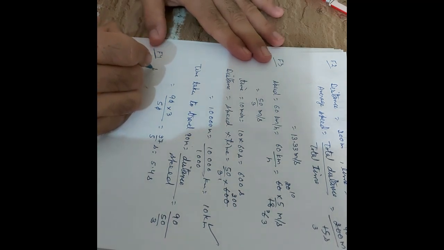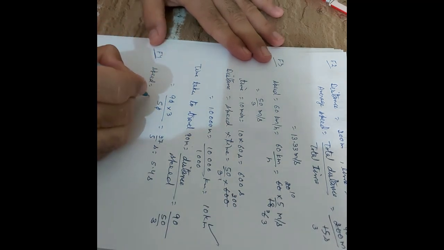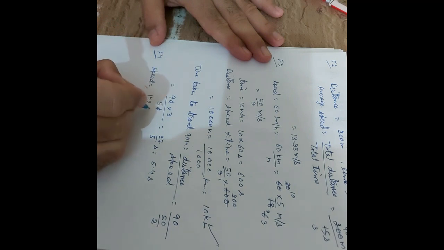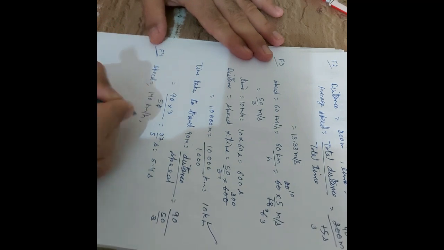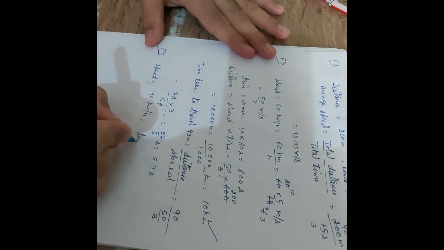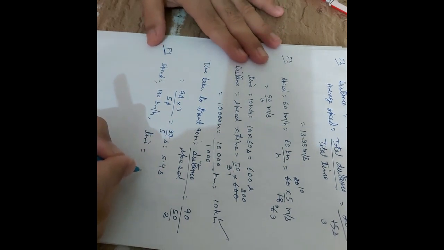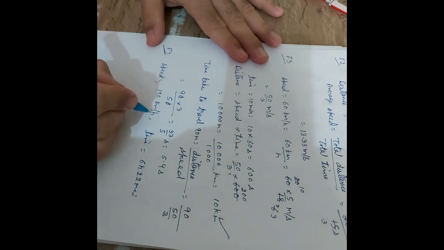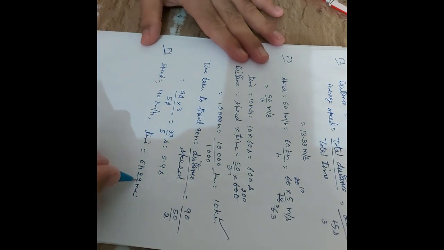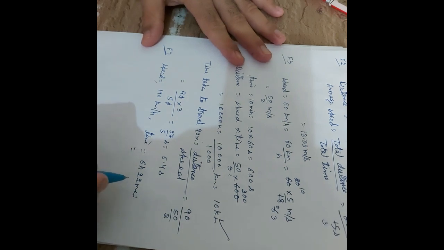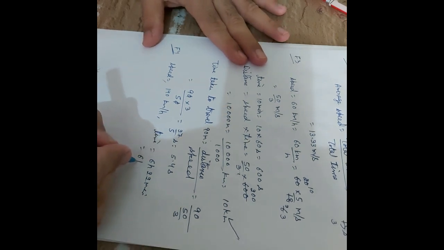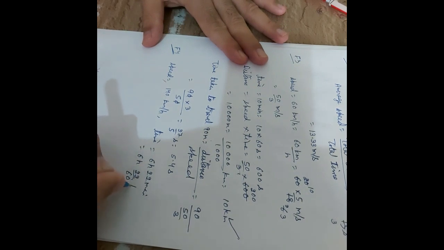Now here speed is given, 140 kilometer per hour, and time is given, 6 hours and 22 minutes. Now speed is in kilometer per hour, time is in hour and minute. So I will convert 22 minutes into hours. So this is 6 hours and 22 by 60 hours.